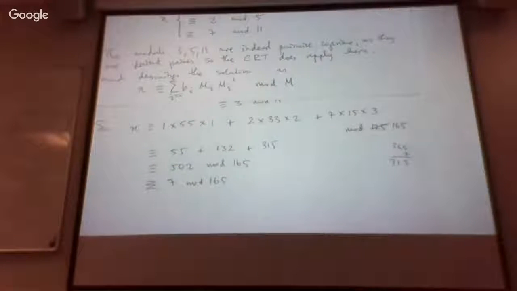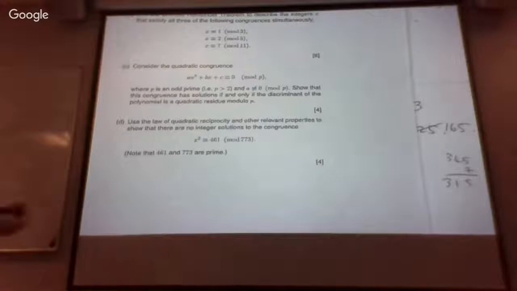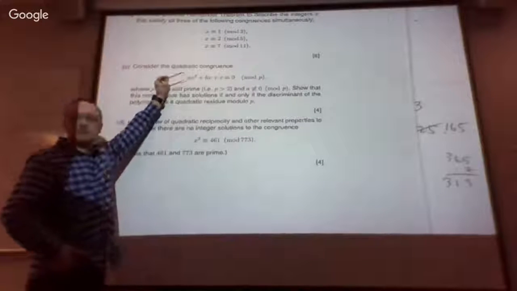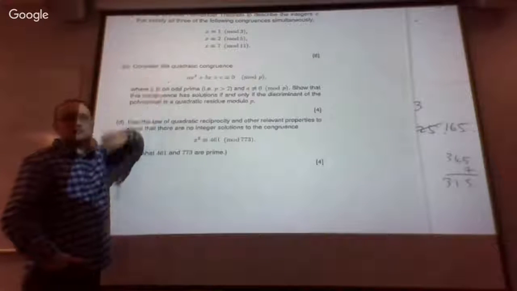Right then. Should we go on to the next one? 4 part C. So 4 part C, the question was, faced with a general quadratic congruence, modulo an odd prime, and where this A is non-zero modulo P, so that means it is a genuine quadratic congruence.